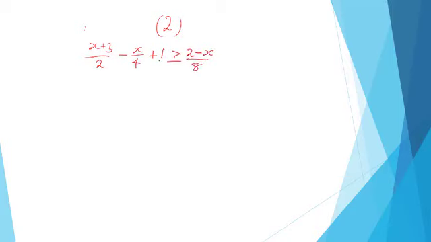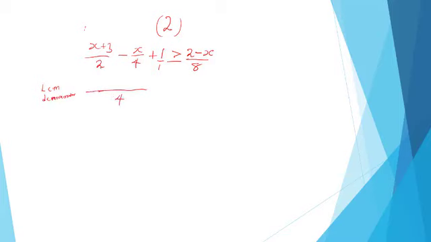With this, let's make everything a fraction so that we take the LCM of the denominators. So we now have the LCM of 2, 4 and 1 is 4.